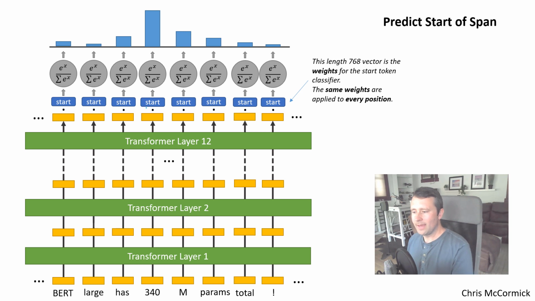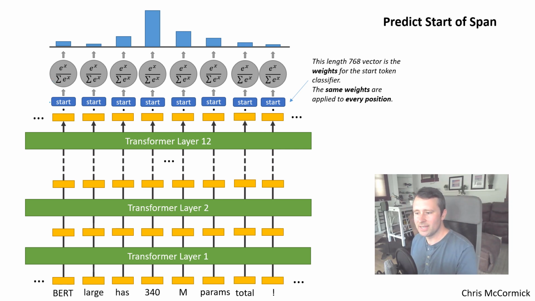And then for every embedding, we're going to multiply the final embedding by this vector that I've labeled start. It's the weights of the start token classifier. So we'll take the dot product between the embedding and the start token classifier weights, and then we'll apply the softmax activation function on the output.